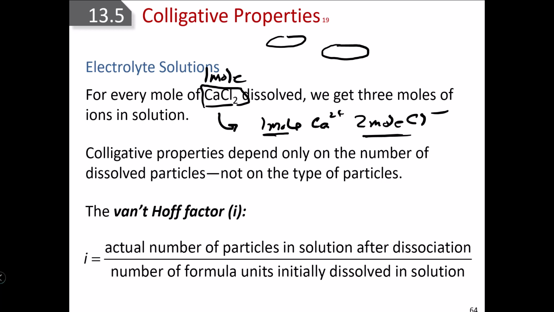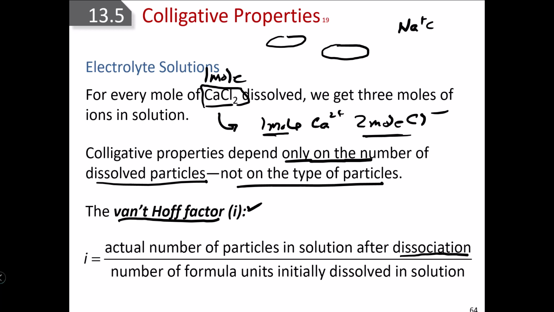So colligative properties depend only on the number of dissolved particles, not the type of the particle. So the Van 't Hoff factor, which is symbolized by i here, is the actual number of particles in the solution after dissociation. Now notice I use the word dissociation. We talked about this in Chem 170, that an ionic compound is actually already ions even when it's a solid, and when you put it in water, all that happens is it dissociates.